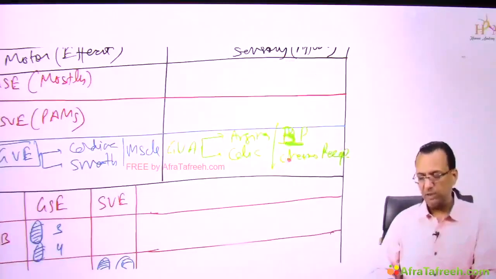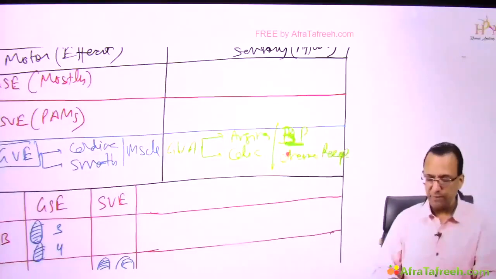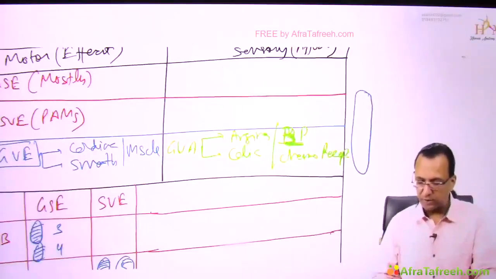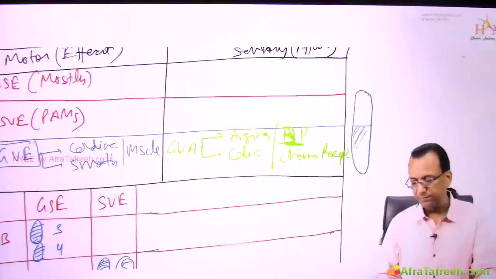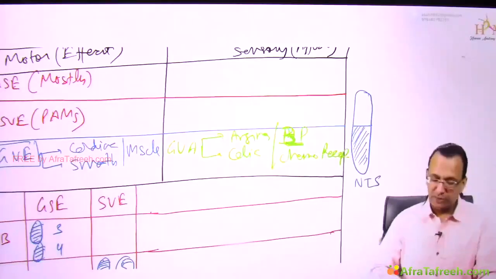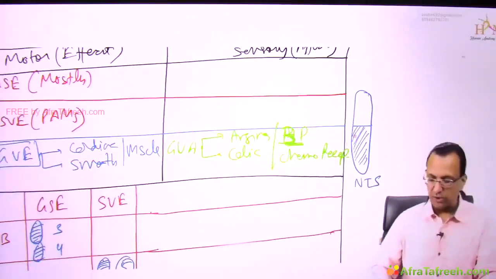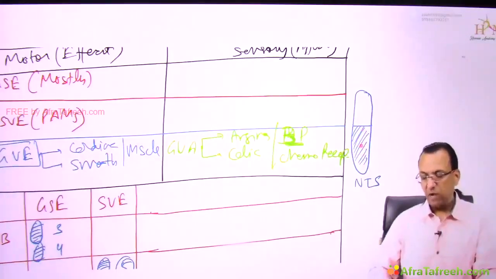Yes, and the chemoreception, carotid body. Yes, if you remember, we have discussed that there was a nucleus tractus solitarius. It is coming to the bottom of the nucleus tractus solitarius. You mean to say GVA is coming to the bottom of the nucleus tractus solitarius? Yes. And what is going to the tip?